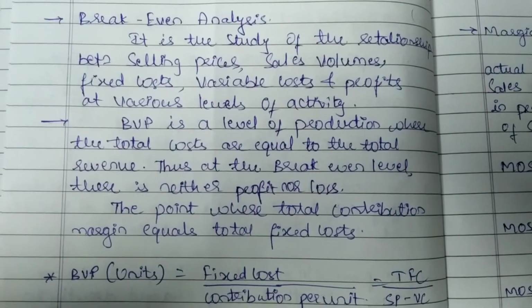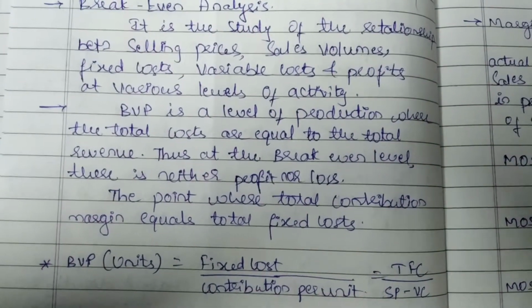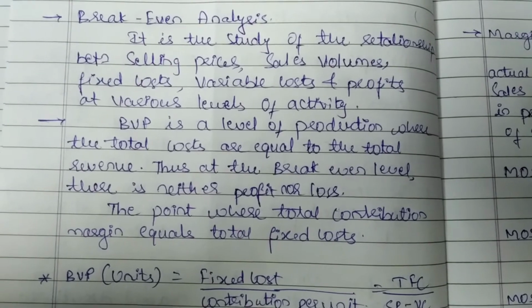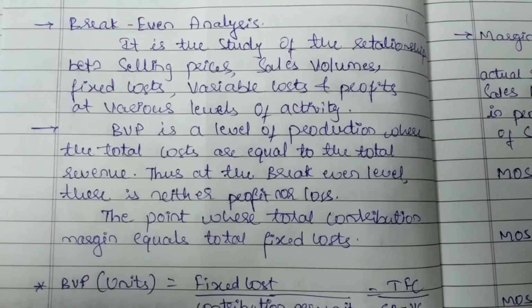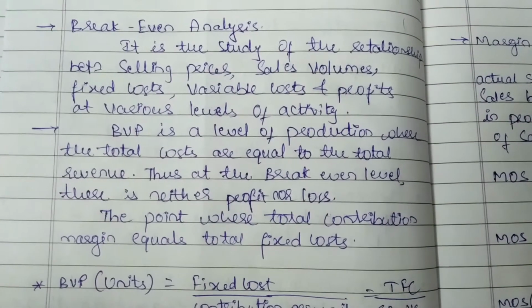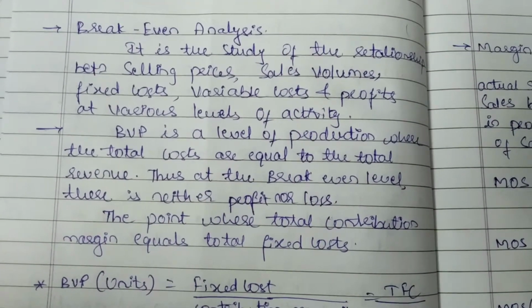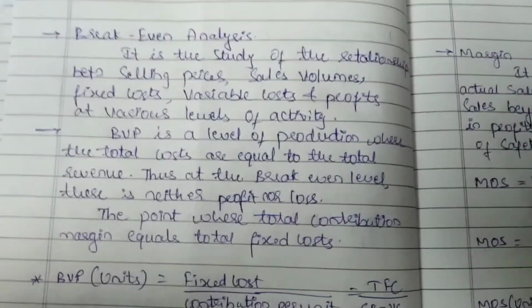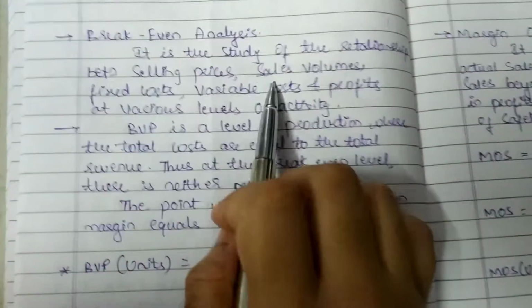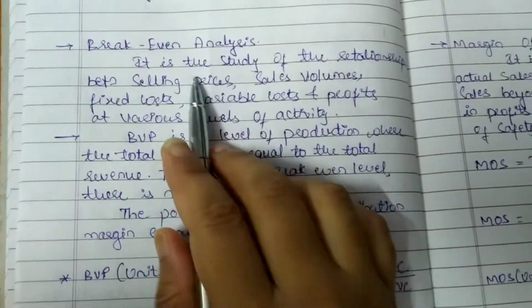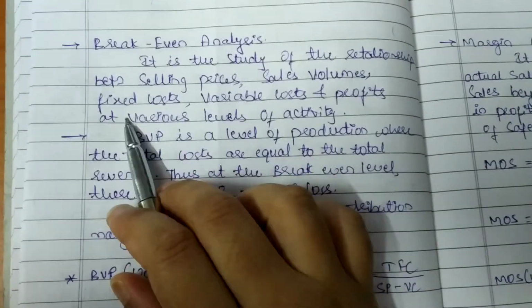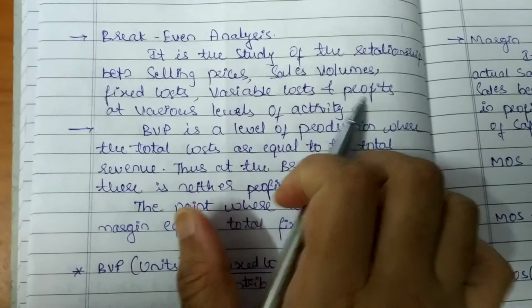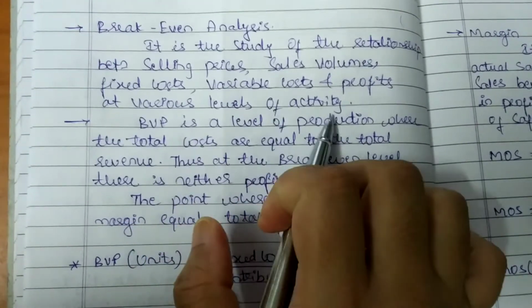Now here we are going to learn about break-even analysis. Break-even analysis is studied on the basis of the relationship between selling price, sales volume, fixed costs, variable cost, and profit. Depending on all these, the break-even point is taken into consideration: sales price, sales volume, fixed cost, variable cost, and profit at various levels of activity.